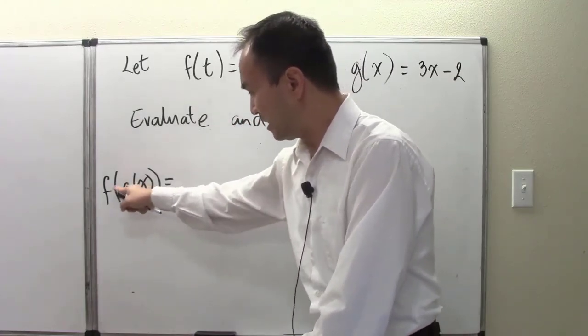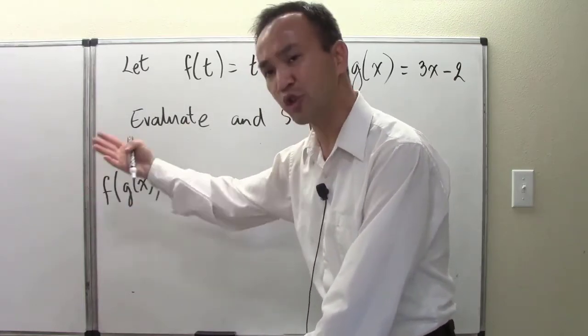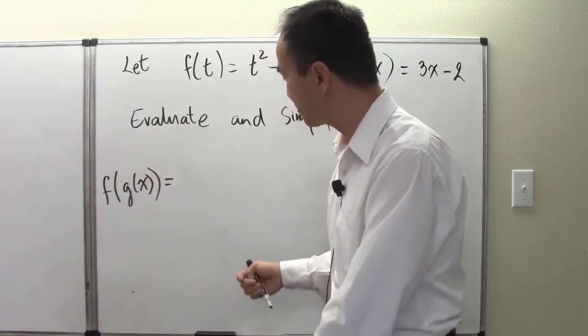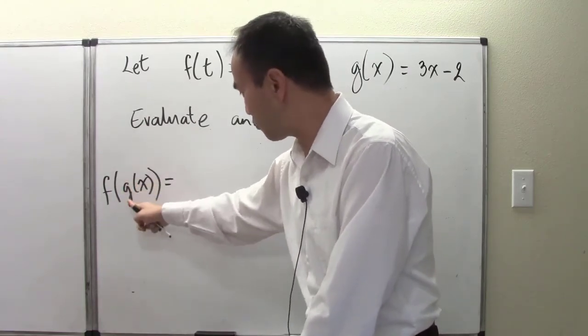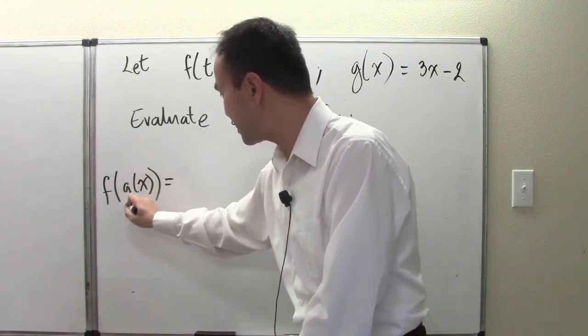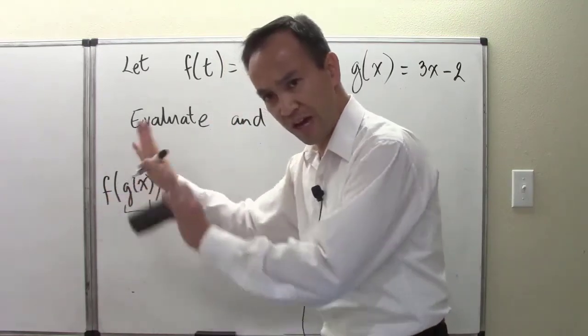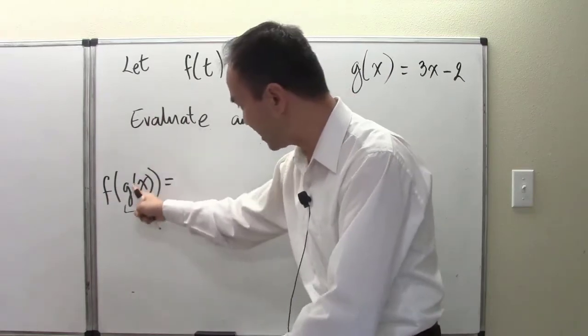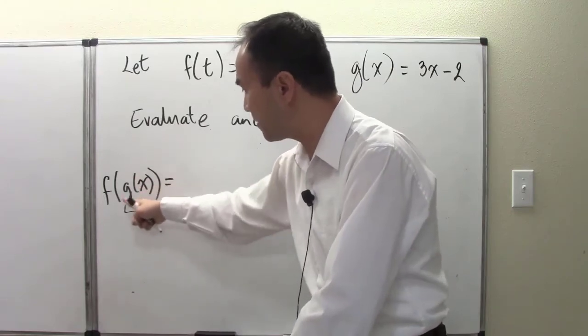Now, once I become fluent with where an input is and where an output is, I see g as the input of f. So f really is the main function, and g is just some expression inside being given as the input for f.